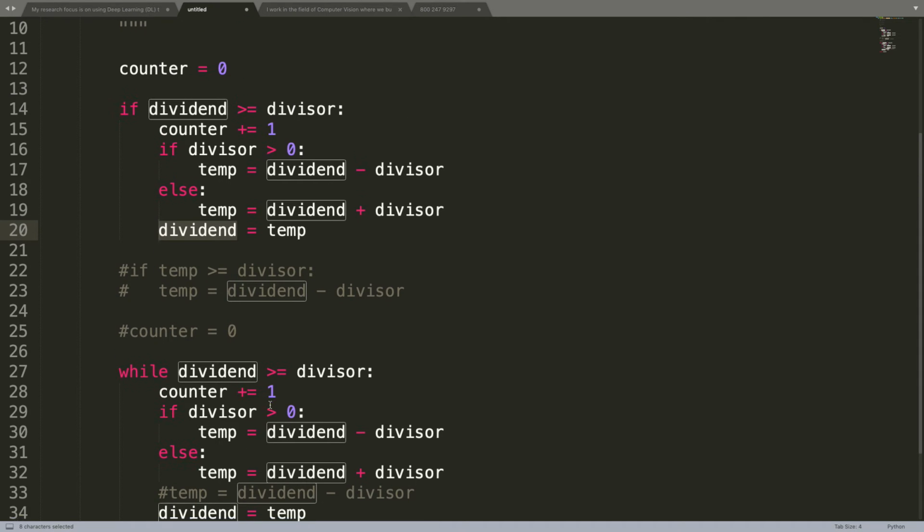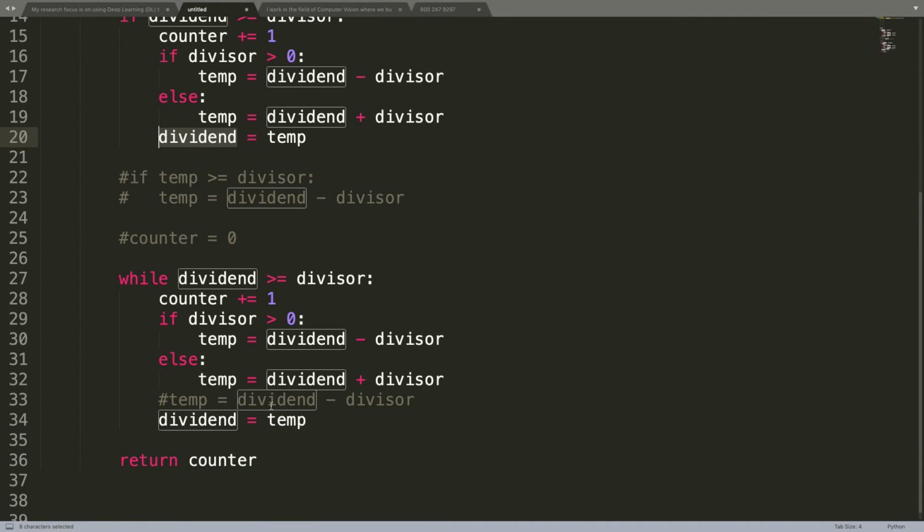How do we handle the negative divisor? Any idea? How do we handle the negative divisor?